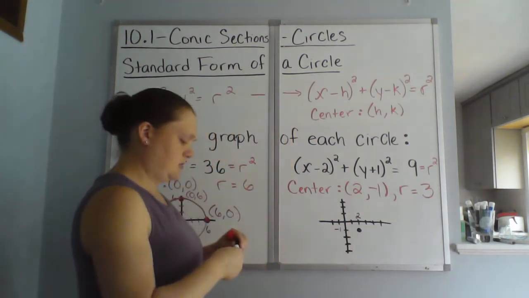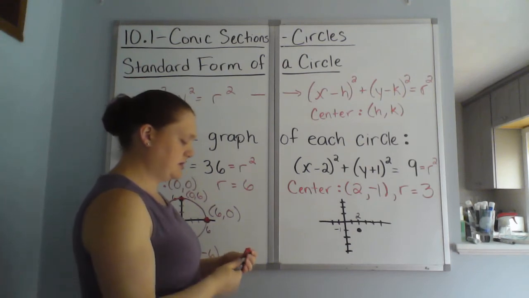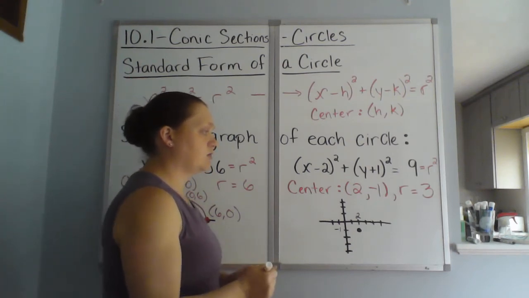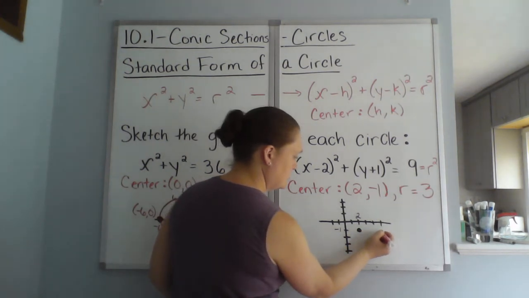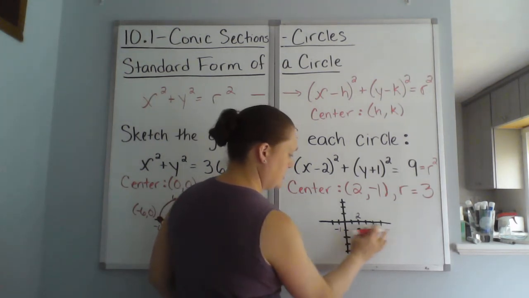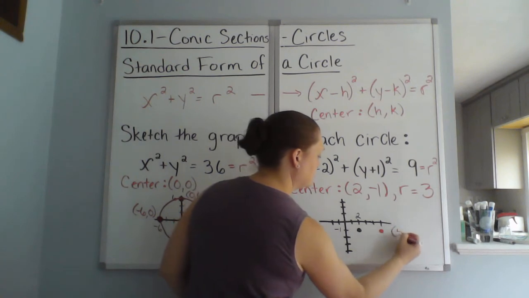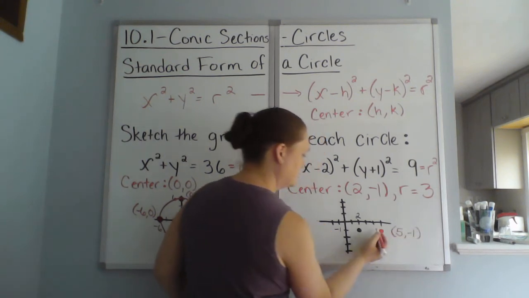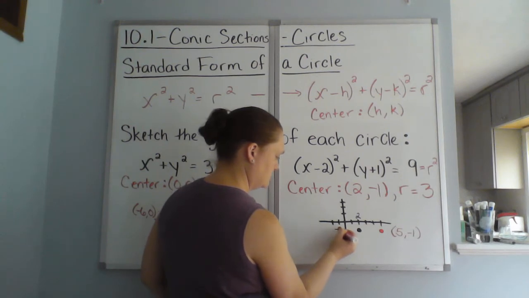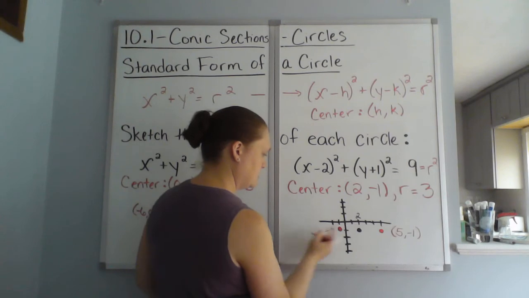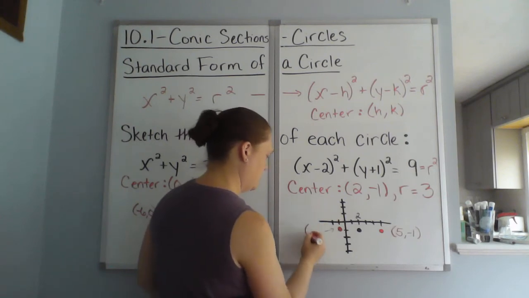Drawing the rest of the points, I want to go 3 units in either direction. Horizontally, 1, 2, 3. That point is 5, negative 1. I also want to go 3 to the left, 1, 2, 3. That point is negative 1, negative 1.